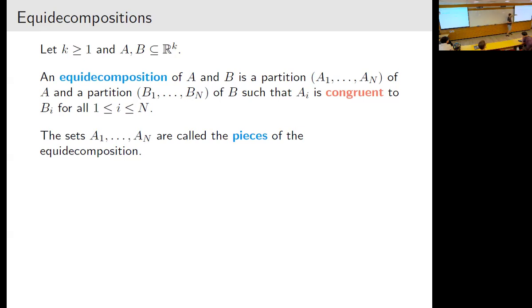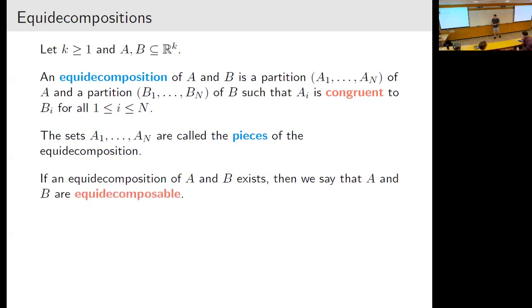You could think of doing a jigsaw, putting pieces together. Basically we have some pieces and we can put them together in 2 different ways to get 2 different sets. You can put them together one way to get A, and another way to get B, right? If an equidecomposition exists, then we say that the sets are equidecomposable.